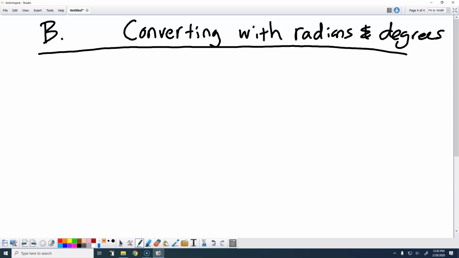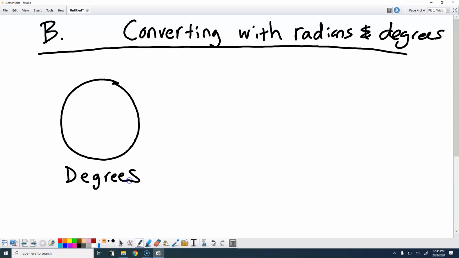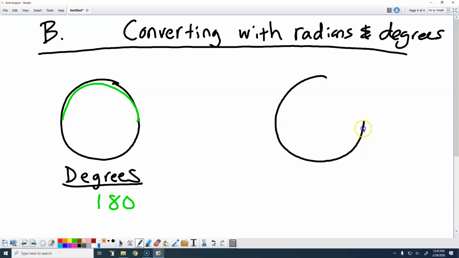So here we go. For a circle, if we're talking about degrees, what is half of a circle in degrees? 180, right? Now, when you're talking about radians, what is half of a circle?